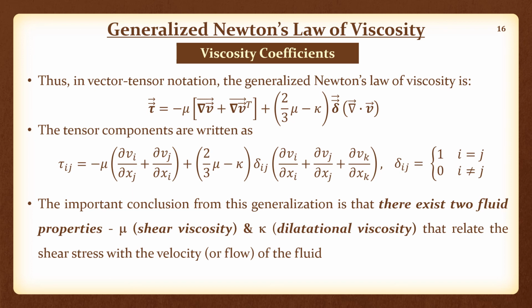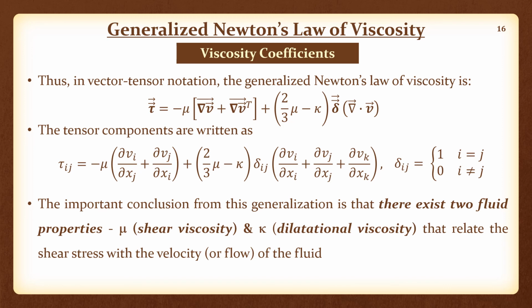So whatever terms come from the second term will get added to the diagonal elements, because this is the unit tensor. Remember, delta is the unit tensor, right? So it will get added to the diagonal elements of the first term. All right. So that is what you have to keep in mind.